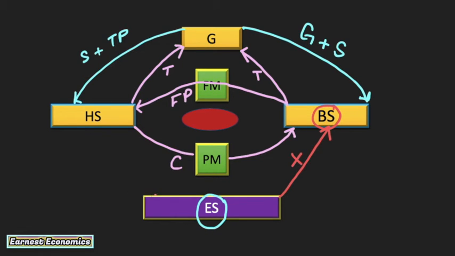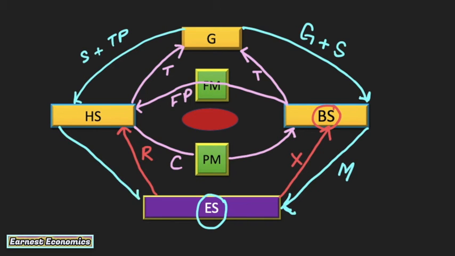At the same time, another inflow case will be remittances. So remittances will come from the external sector to the household sector. However, there is a case of outflow as well, when the business sector imports goods and services from the rest of the world. Obviously it has to make payment, and the money will flow from the business sector to the external sector, and from the household sector it will be the export of manpower to the rest of the world or external sector.